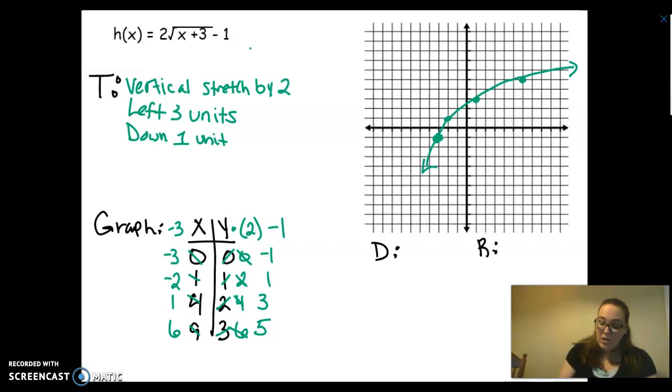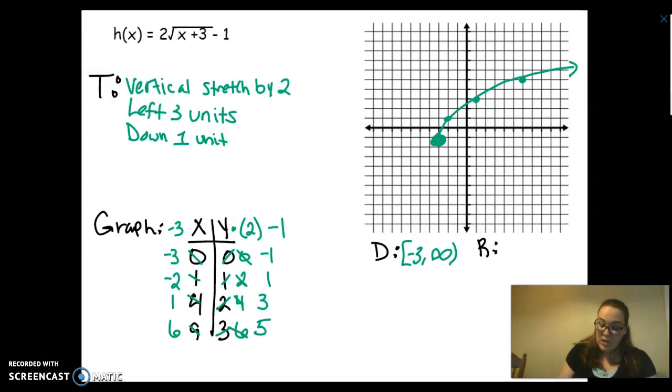It just starts at this point as a starting point. That means the domain, as I move to the left 1, 2, 3, starts at -3 and heads to the right, to infinity.